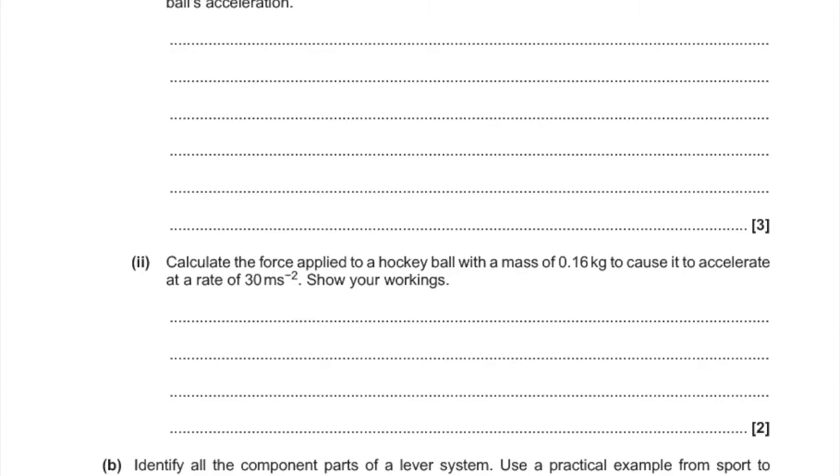So we recall that, what is the law actually saying? The second part of the question, clearly we need to apply it to when a hockey player may use that law. So when in a game of hockey may they look to apply Newton's second law of motion, and then how they're going to maximise performance is what is going to happen as a result of them applying greater acceleration to that ball. So it's kind of a 3-part question. What is the definition? How would a hockey player use that? And then what impact would that have on their overall performance?